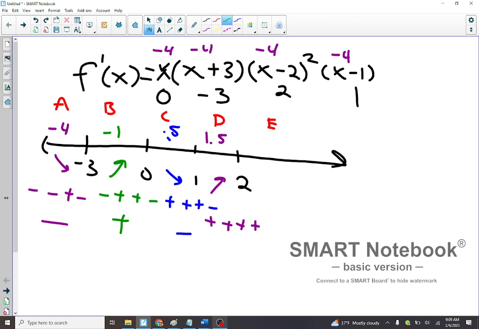And then plug in something bigger than 2. Let's plug in 3. Positive. So it's still ascending in this section. So in this situation, what are the maxes and what are the mins? In this case, local mins.